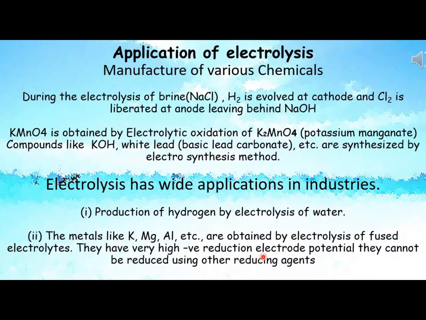These are usually the metals which are above zinc in the electrochemical series, which cannot be reduced using any other reducing agents. These metals are potassium, magnesium, aluminium, sodium, etc.